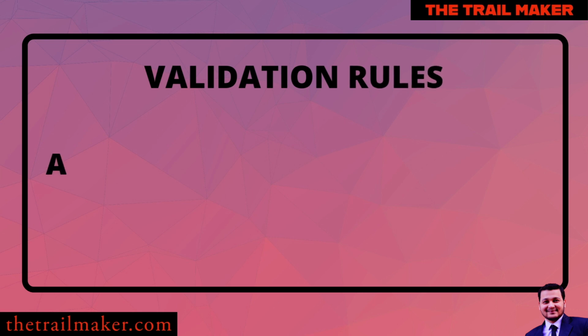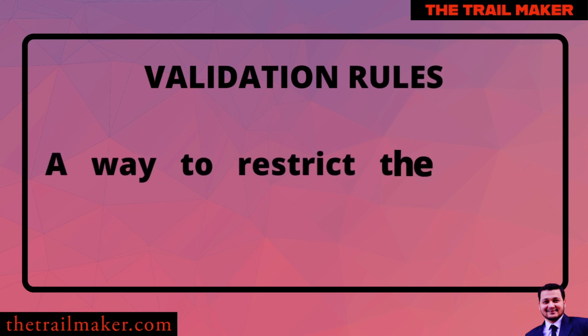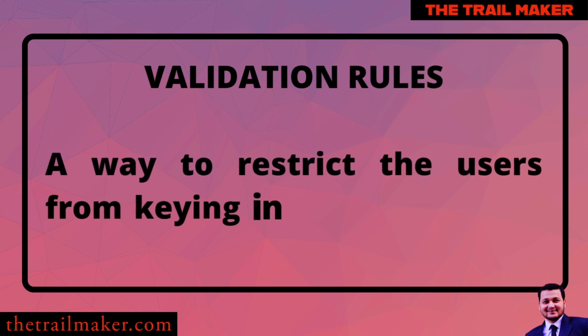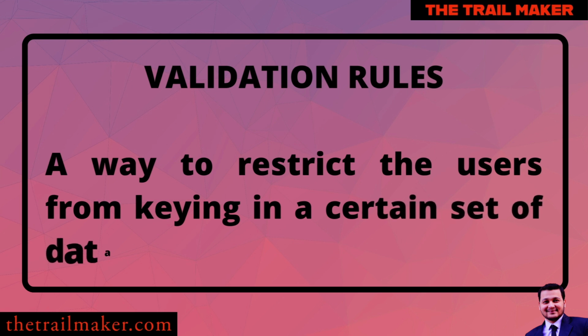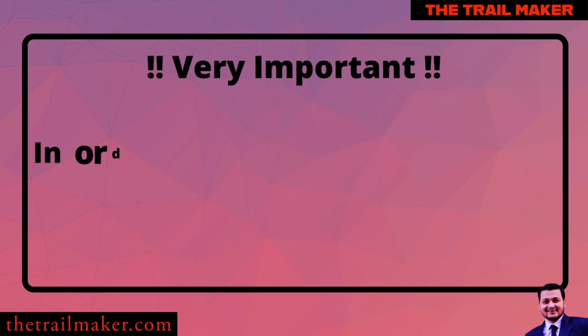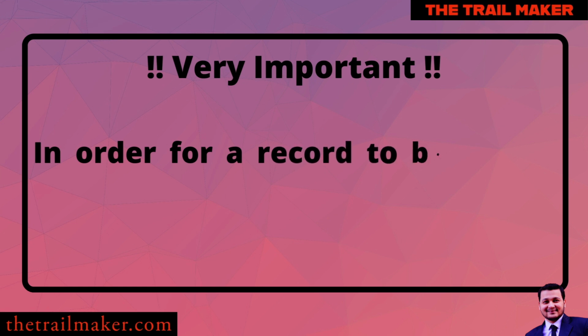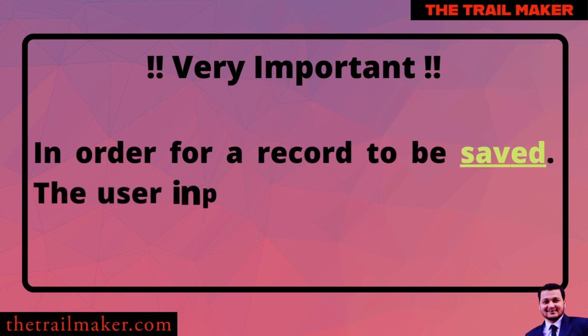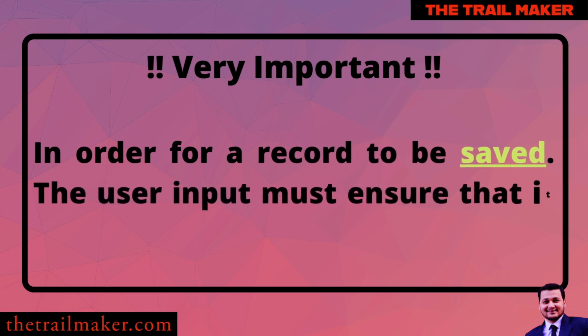So validation rules, as the name suggests, validate the data within each single record based on the criteria that you give in that validation rule. And if that criteria is met, then your validation rule would throw out an error. Yeah, you heard me right.